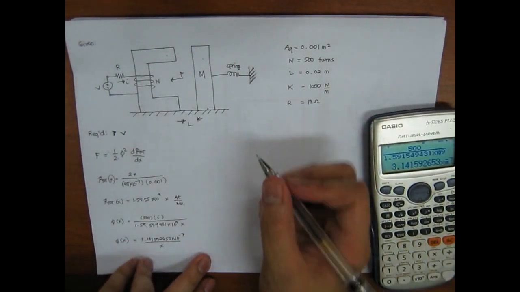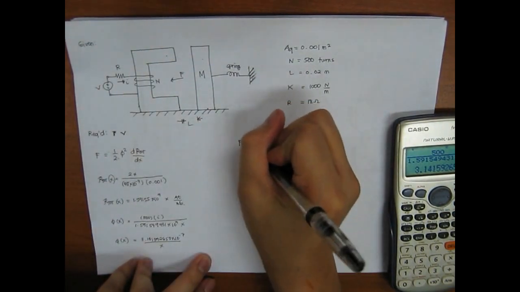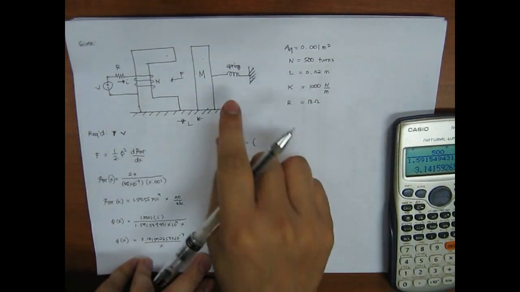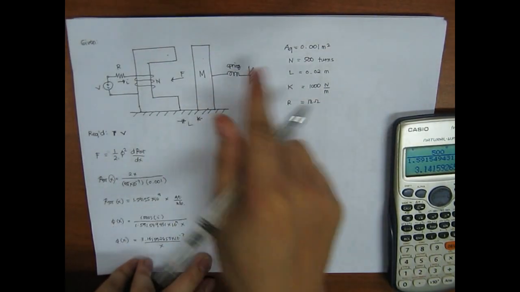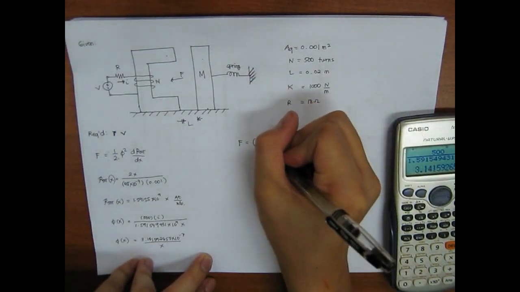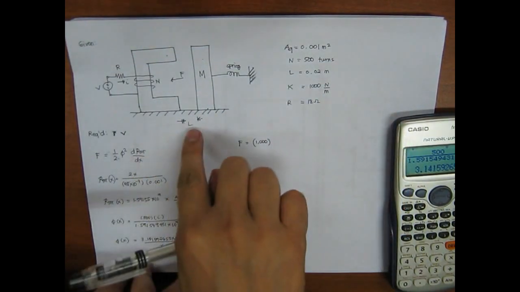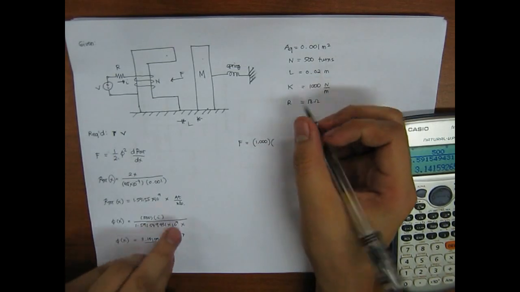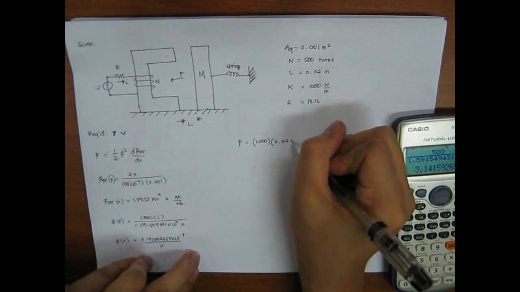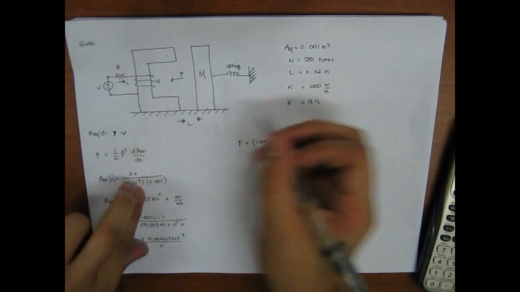And so, okay, let's use this equation again. We have force. So the force would equal the force exerted on the spring. That is equal to kx. So we have 1000 times the displacement x, or shall I say L. L is equal to 0.02 meters. So that's the displacement, equal to this expression.